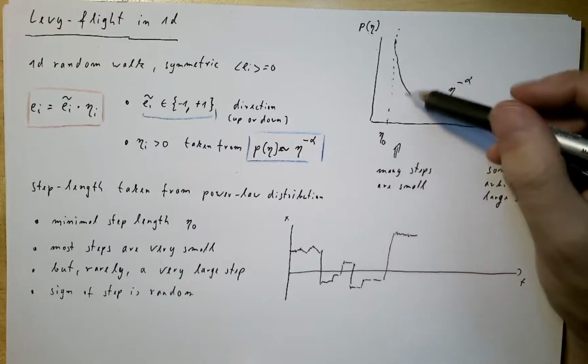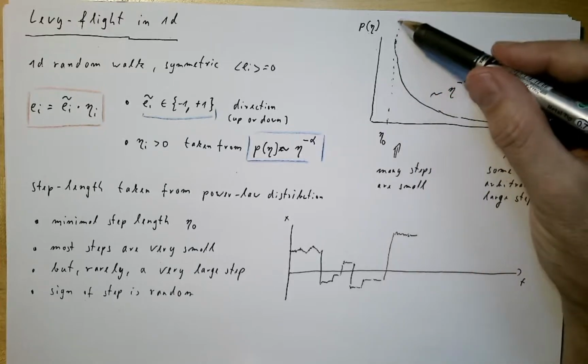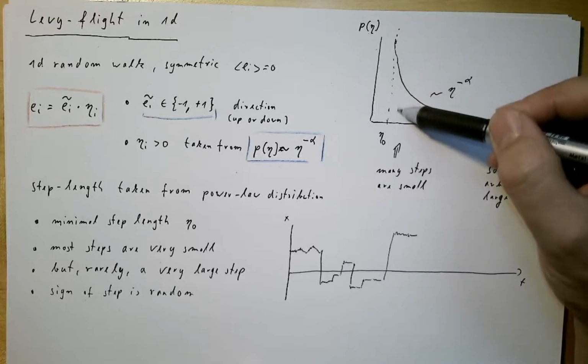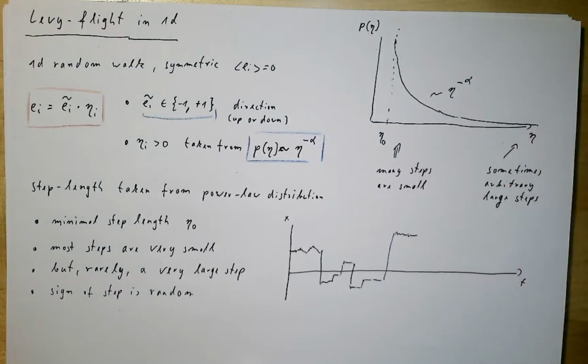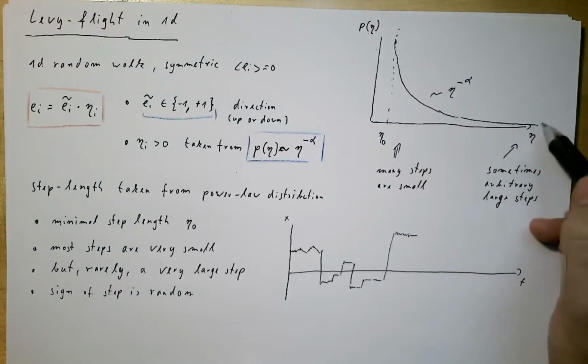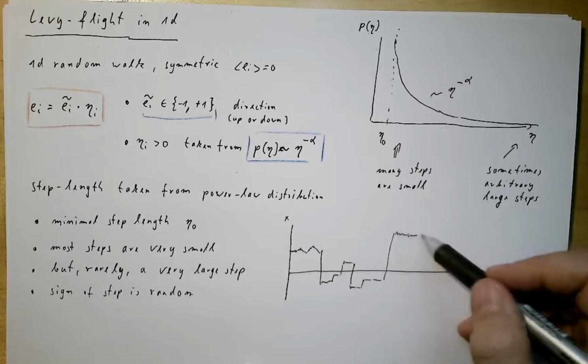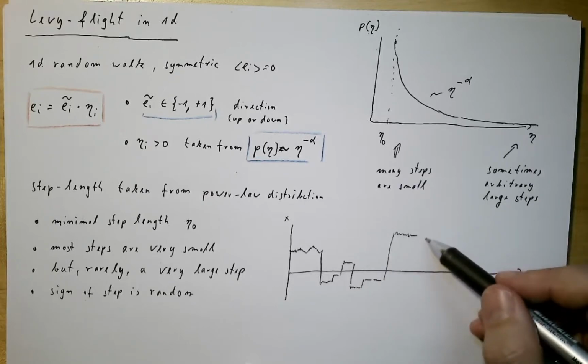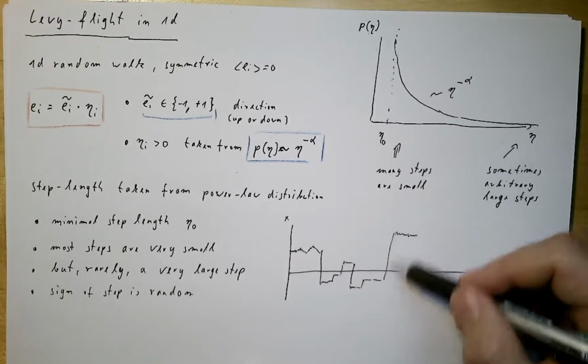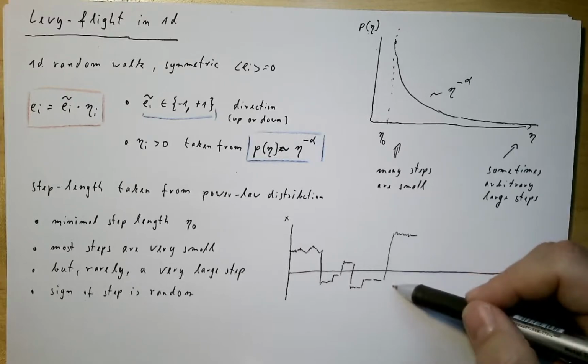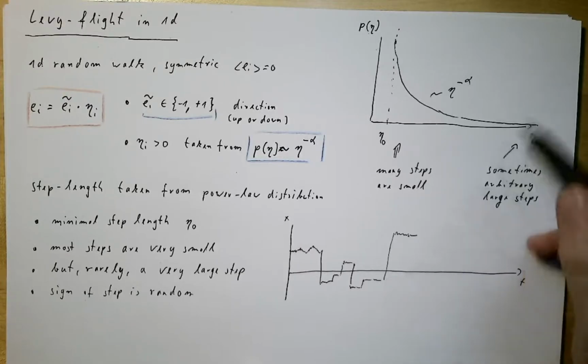I mean, of course, we could have something which is a step function, so a very high chance of small steps, and then one typical value for a large step. Yeah, this would maybe look also like this. So sometimes we have large and mostly small steps, but the trick is that here all step lengths appear with a certain probability, and there is no maximum.